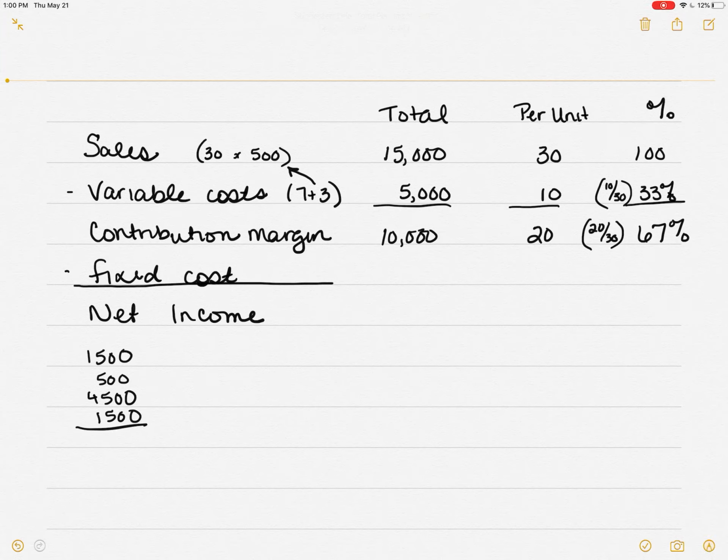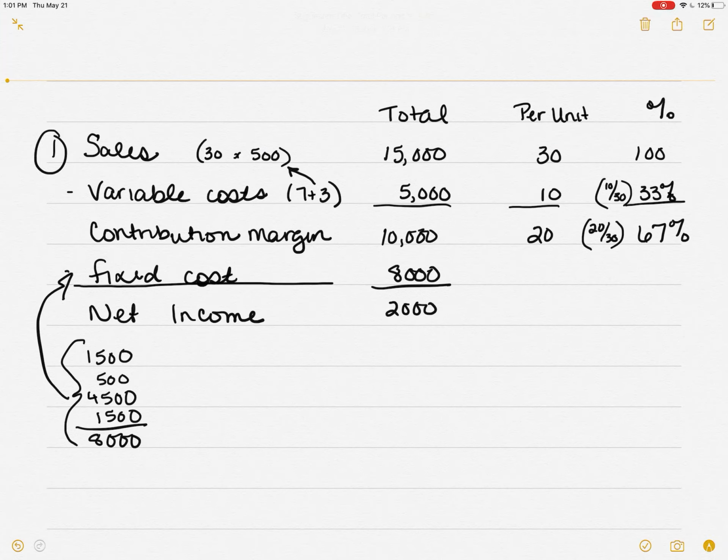This is going to give me a total fixed cost of $8,000, which means my net income currently is $2,000. So I've added up everything that is not the variable cost and included it as fixed costs. Now we're going to use all of this information to find our break-even points. So this was part 1 of your example.